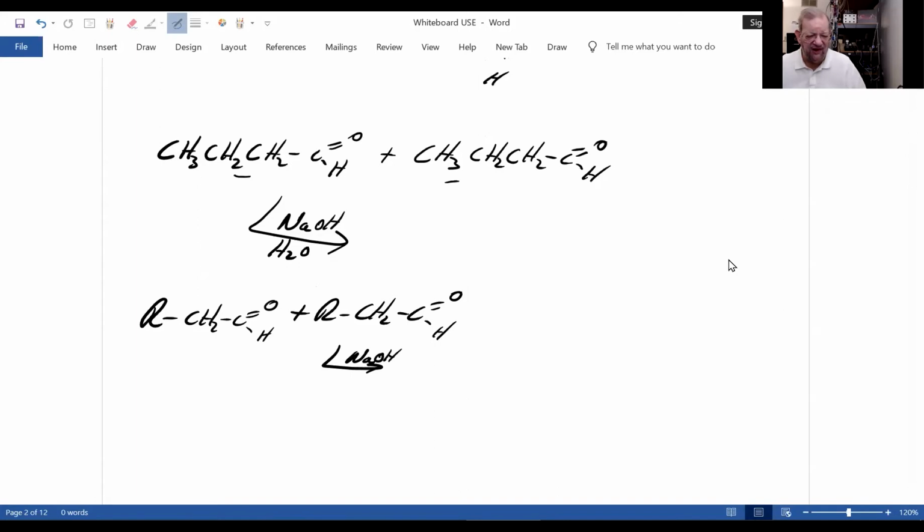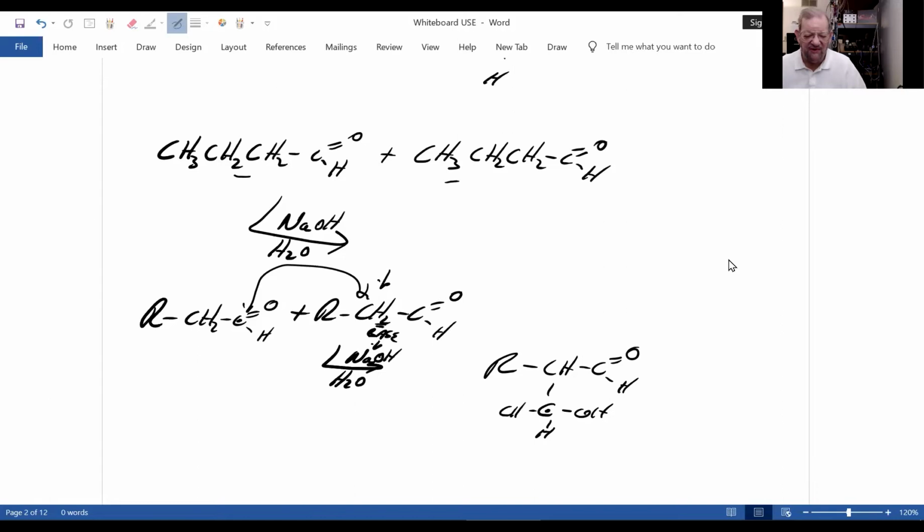Sodium hydroxide is a base. And that means I can pull a hydrogen off from the alpha carbon, which attacks this second molecule, aldehyde. This carbon becomes an alcohol.